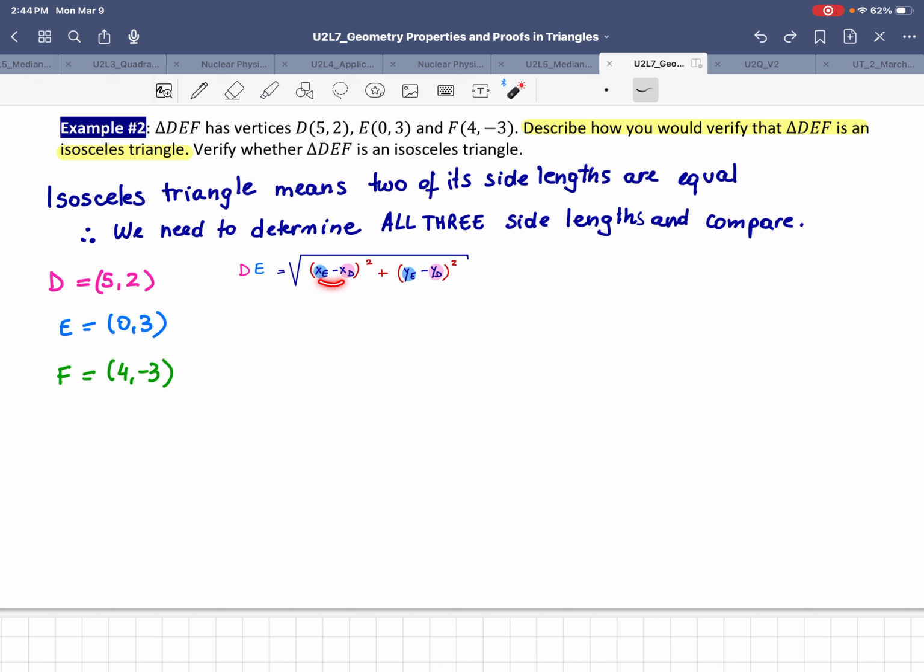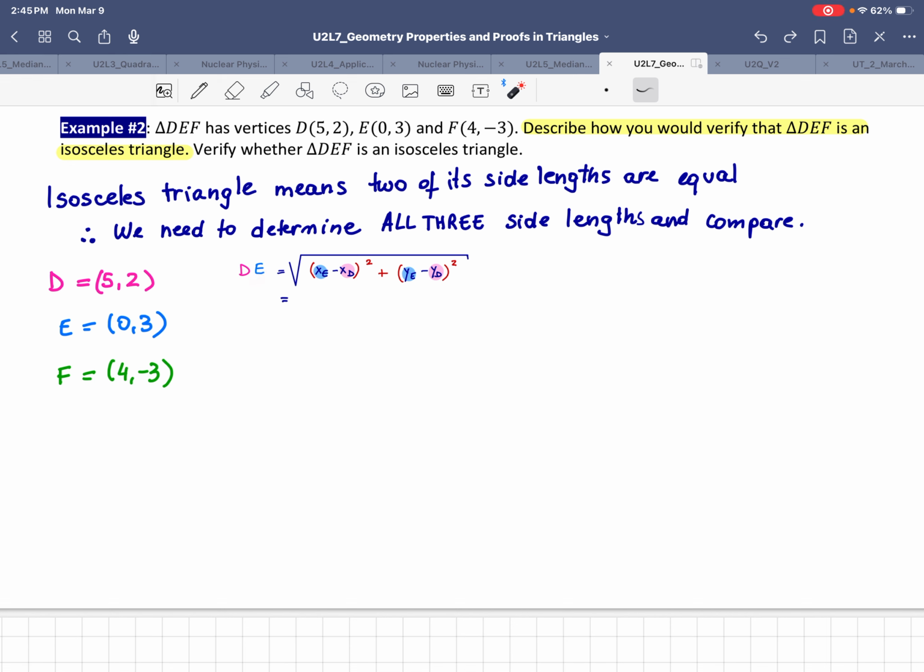Now, remember that this has to be a difference, and we have the sum of the squares. That's the length of a line segment formula. Now, the order won't particularly matter in this case because we're going to square the answer anyway, so we're going to get a positive number regardless. But just to be following proper form, I am going to start from the end of the line segment and subtract the beginning of it.